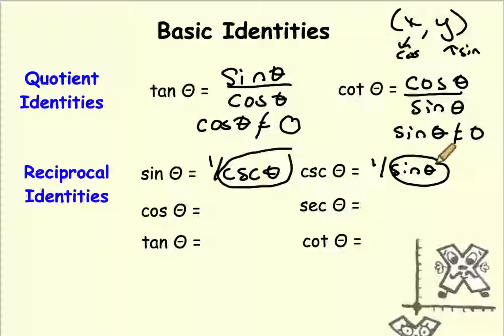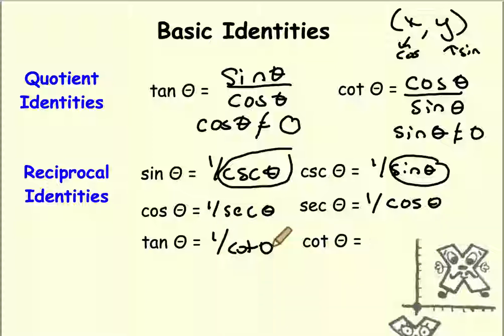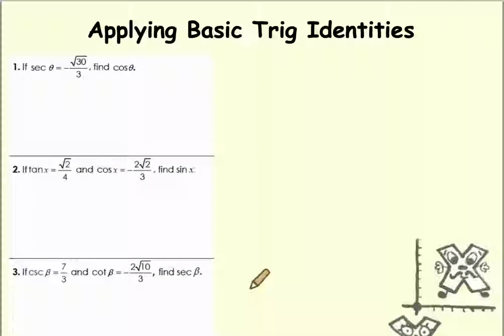Cosine is the reciprocal of secant, and secant is the reciprocal of cosine. Tangent is the reciprocal of cotangent, and cotangent is the reciprocal of tangent. And again, for all of these, the denominators cannot be equal to 0. Okay, so let's go ahead and apply some of these basic trig identities.